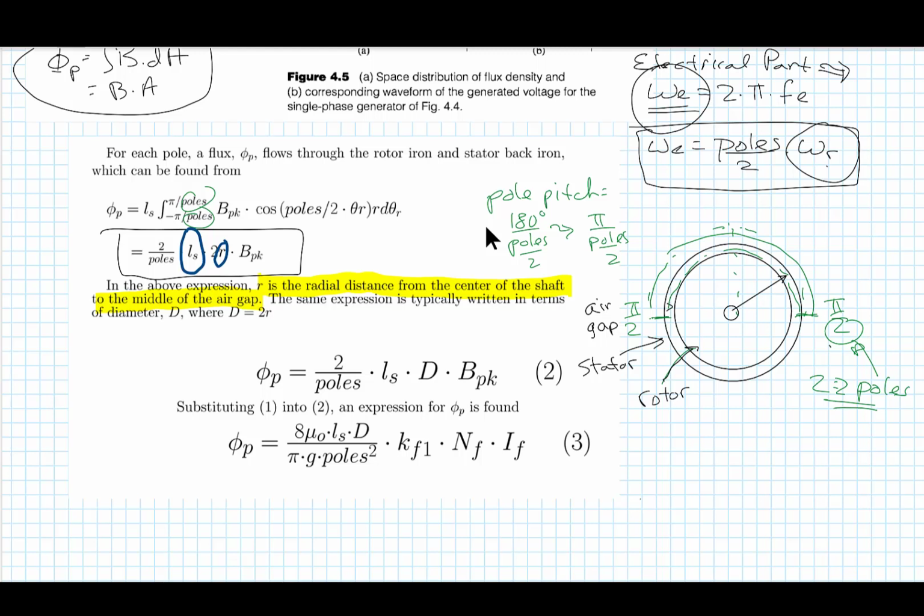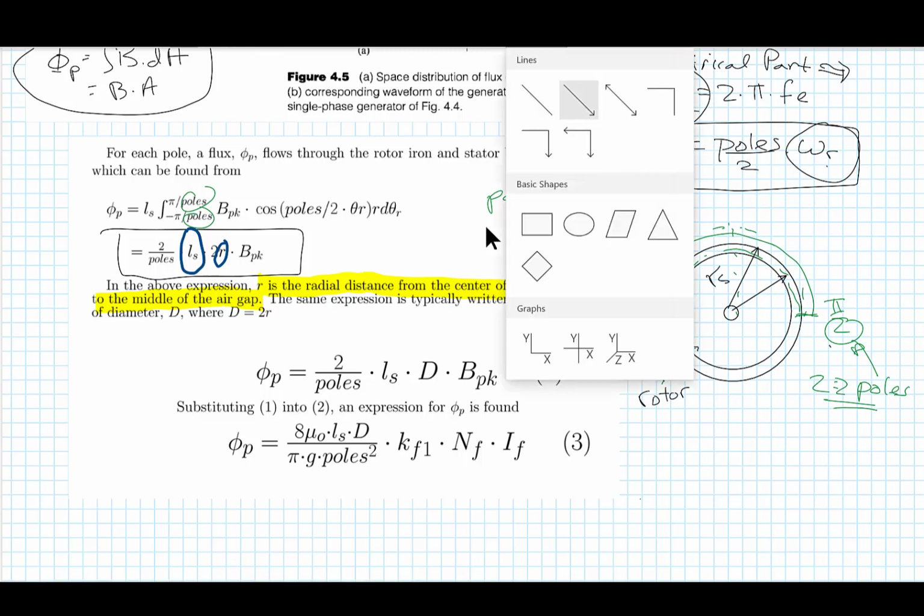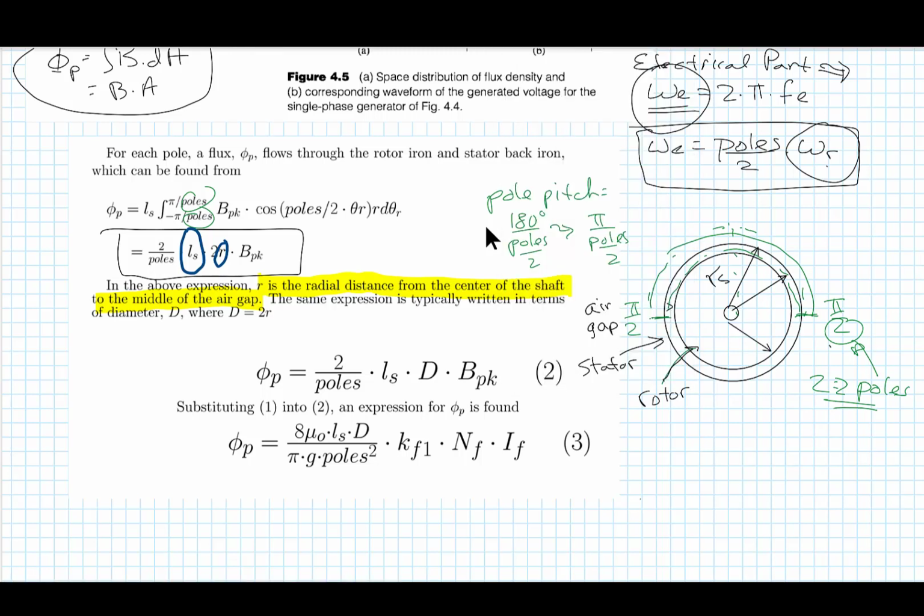What you really have here is physically a radius from the center of the shaft to the inside of the stator. I could call that RS, and I've got a radius from the center of the shaft to the outside of the rotor.